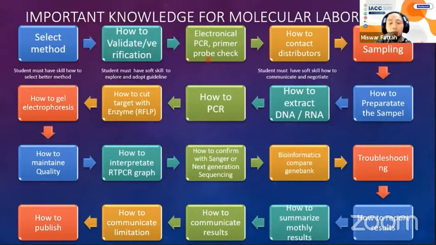If we have a commercial kit-based test or we develop it ourselves, an LDT, we need to do electronic PCR or primer-probe checks to assess specificity to SARS-CoV-2. And how to do sampling, because sampling is very important. Prepare the sampling, extract the sample, and run the PCR. This is if we need RFD, but for SARS-CoV-2 we don't need this. And there are a lot of steps: maintaining quality, and how to interpret the real-time PCR results, because this is very important.